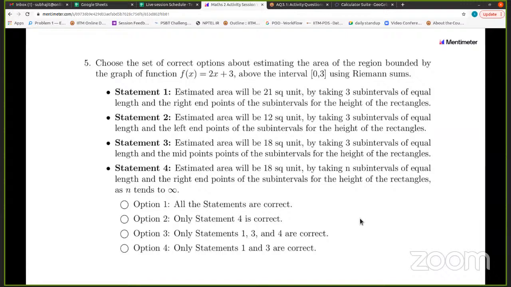If I am distributing it into n intervals, then each subinterval we are trying to make limit to 0. That is our aim. Definitely we can take any type of subintervals, but it is always better to take subintervals of equal length, that is 1 by n, and then take n tending to infinity. So this problem will give you that idea. That is the main idea behind the Riemann sum.